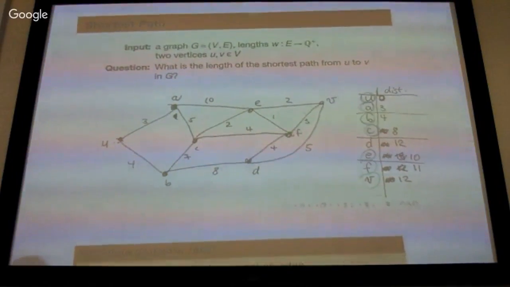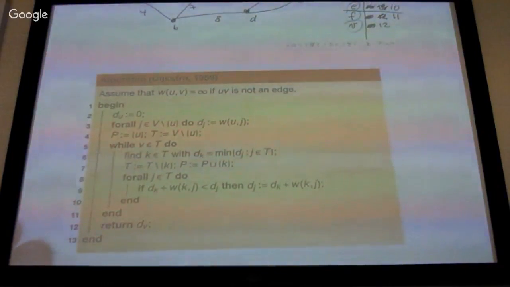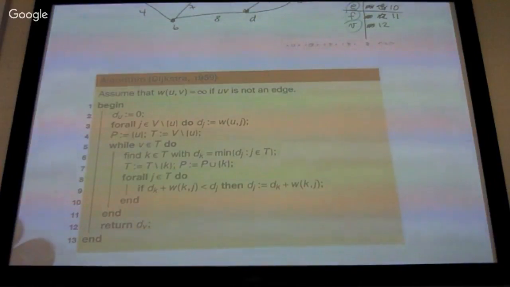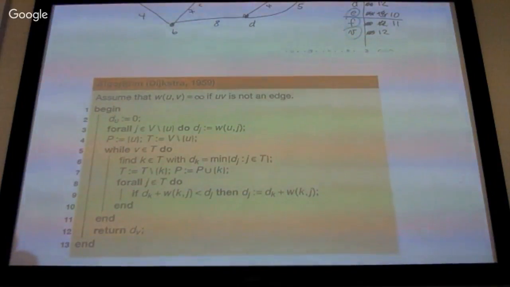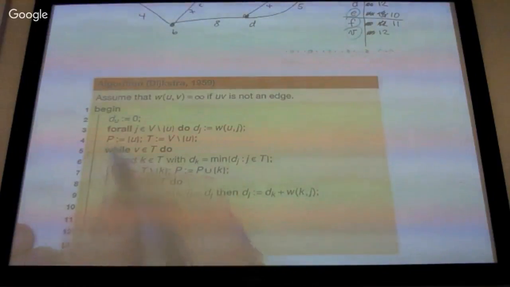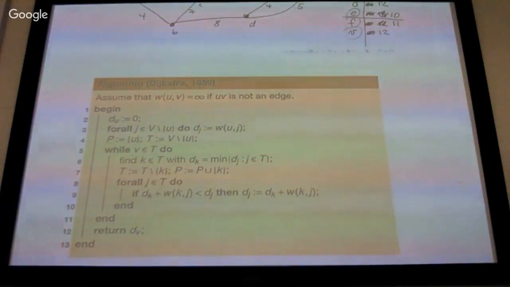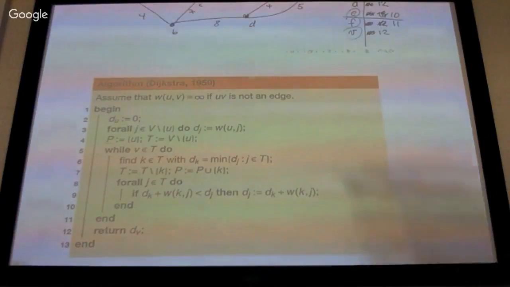And that's described here. So you just think of the meanings. Set P is the vertices that I've already circled when I was demonstrating it, and T are the ones I haven't circled yet. T for temporary.